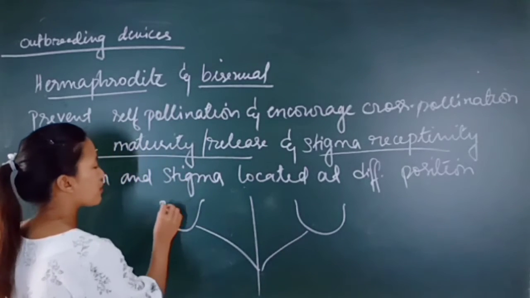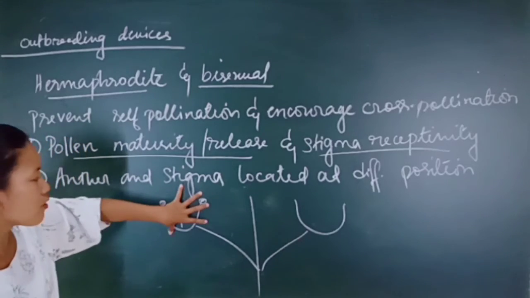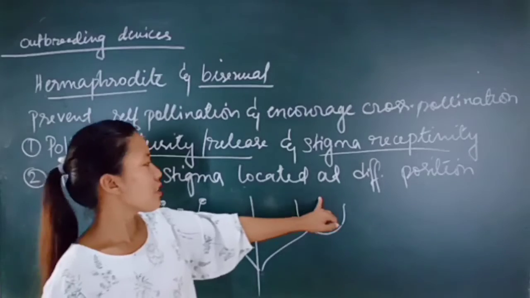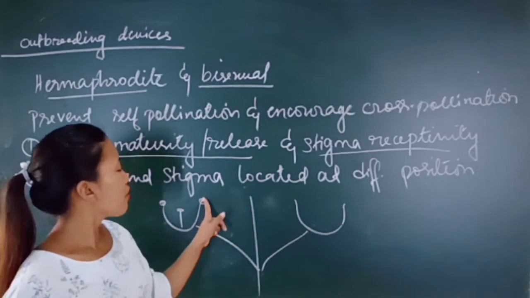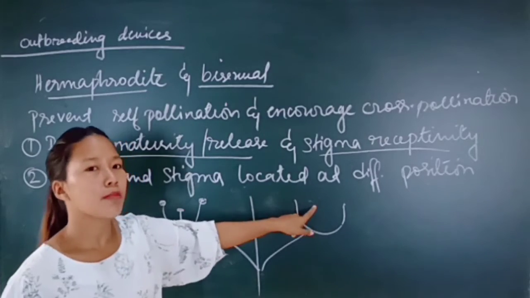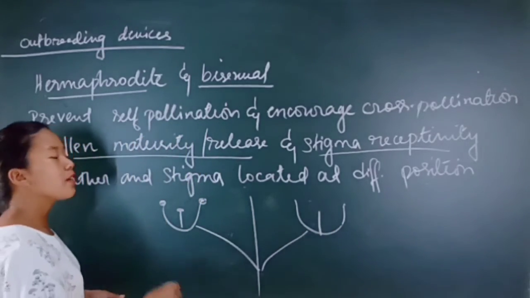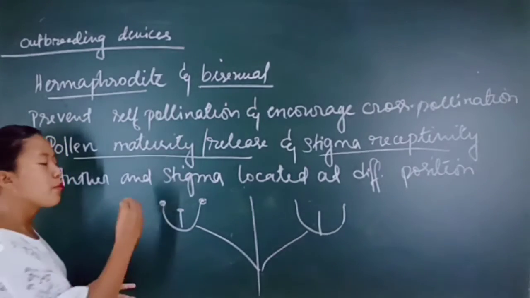So pollen grains from here might germinate on this stigma. So geitonogamy might not be prevented. Still, self-pollination might take place.